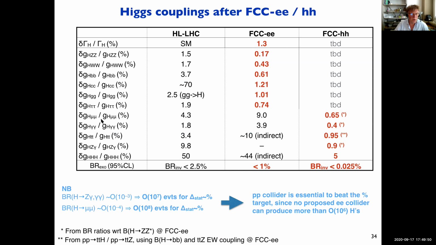And as you see, for the states which are accessible to the e plus e minus, the precision is indeed below the percent and goes down to the level of 2 per mil in the case of the coupling of the Higgs to the Z boson. But then for processes like Higgs to mu mu, Higgs to gamma gamma, Higgs to Z gamma, or Higgs to t tbar, we see that the e plus e minus machine cannot do it, but then we go below the percent level by using the hh results.